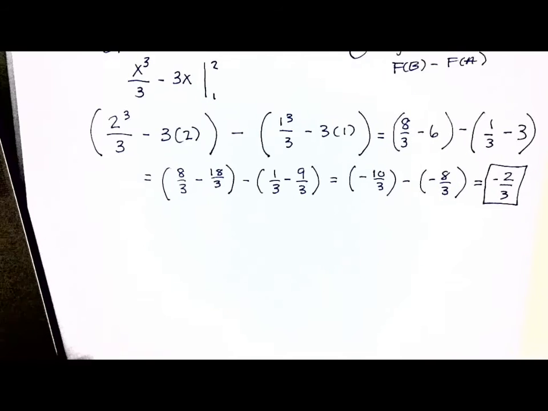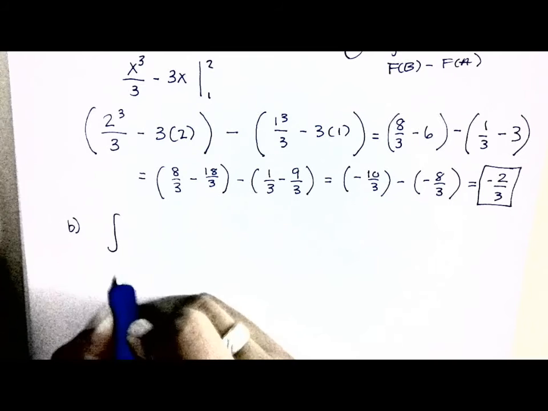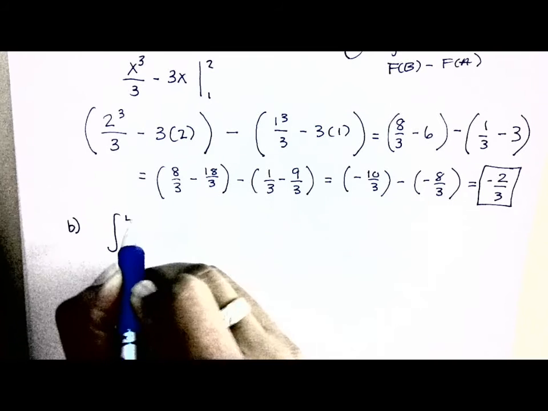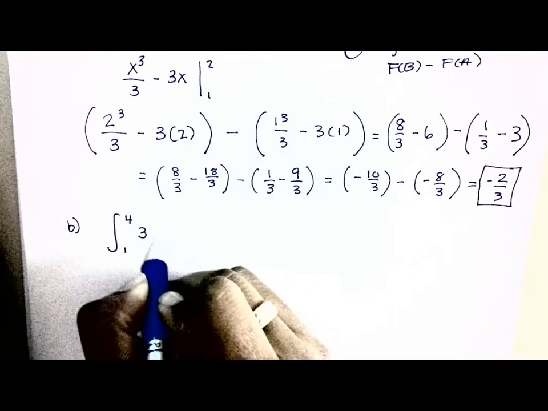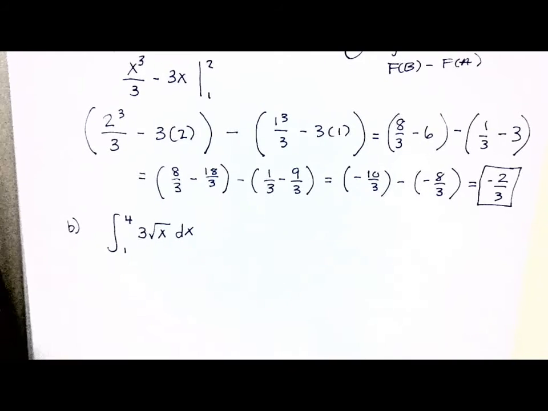The next one. So B is the integral from 1 to 4 of 3 times the square root of x dx.